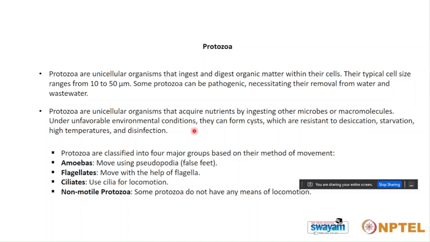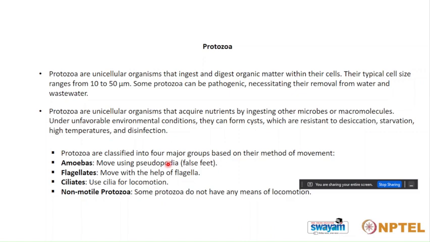Based on the mode of movement, protozoa can be classified into amoebas, flagellates, ciliates, and non-motile protozoa. Usually amoebas have no provision for movement, and they have pseudofeet or pseudopodia, and these protozoa are termed amoebas.